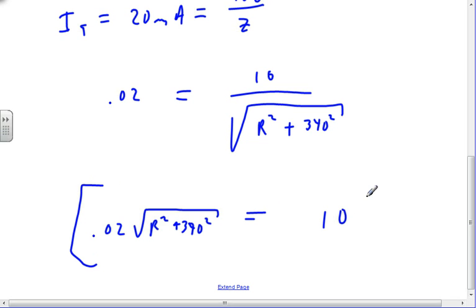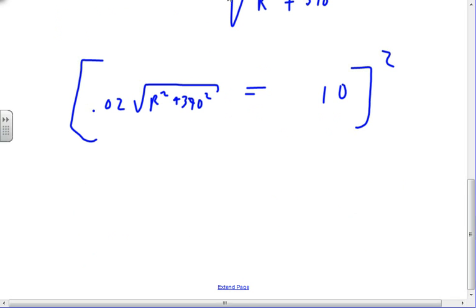Before I square both sides, I'm going to divide by 0.02. So r squared plus 340 squared is equal to 10 divided by 0.02, which gives me 500 squared.